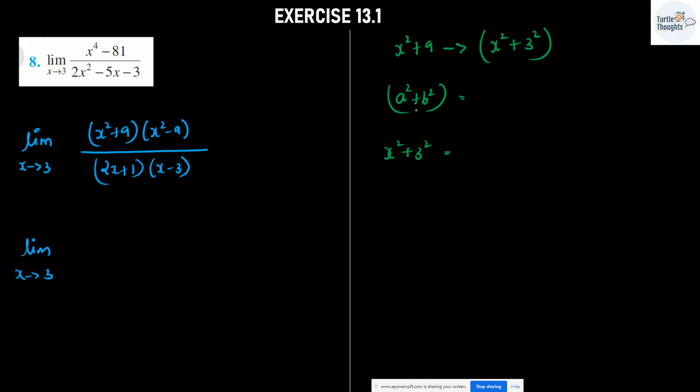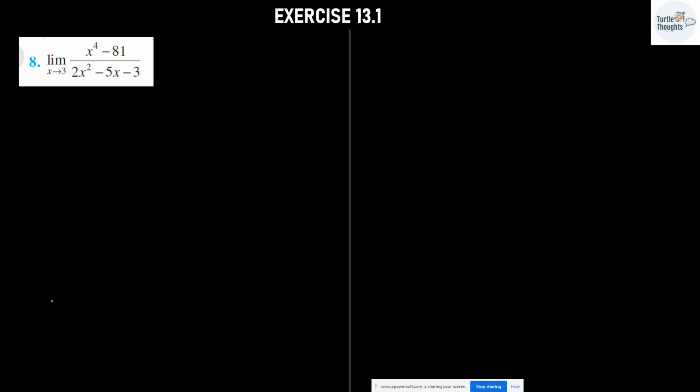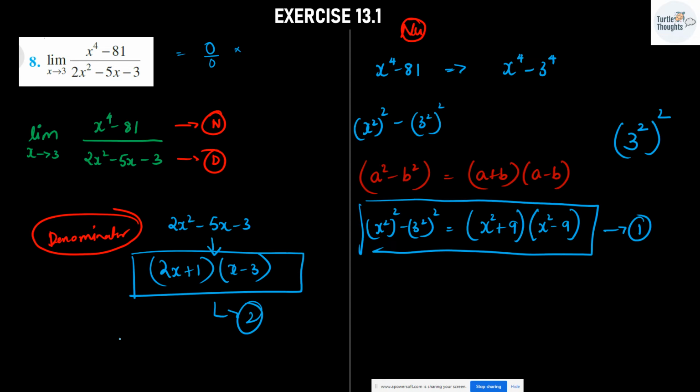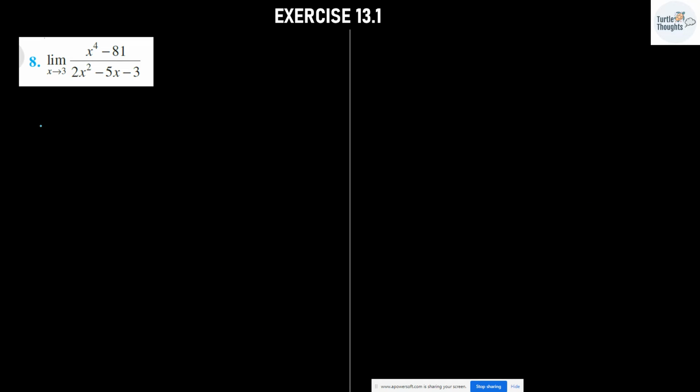Okay, let me take a square minus b square itself. So I have written over here 2x square minus 5x minus 3 in the denominator as x tending to 3. Here we have got 2x plus 1 and x minus 3.